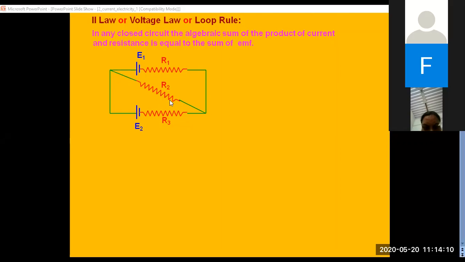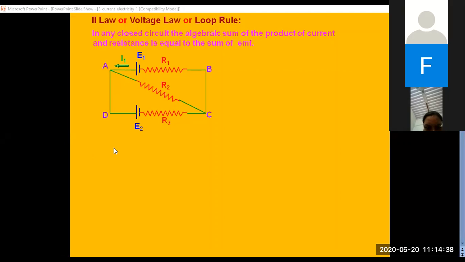R2 is connected across the diagonal, and you can see there are no cells here. Only EMF will be present if a cell is connected. We are taking this just as an example. So one cell is connected to R1, second cell is connected to R3, resistor R2 has no cell in between, and it is connected across 4 terminals, that is A, B, C and D.